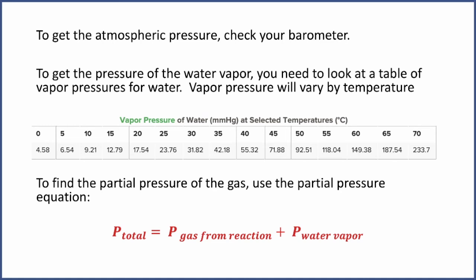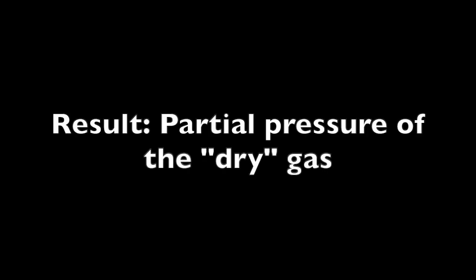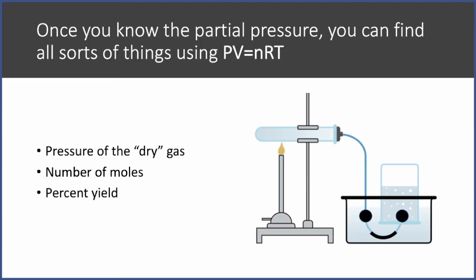You're going to do this by subtracting the partial pressure of the water vapor from the total. Your result is going to be the partial pressure of the dry gas. That's what we call it, the dry gas. Once we know the partial pressure of the dry gas, we can do all sorts of things with it.